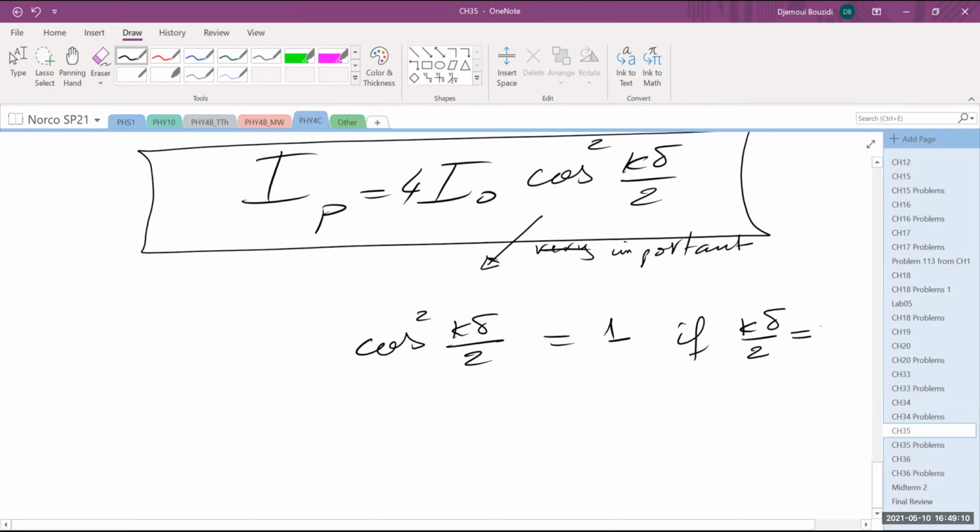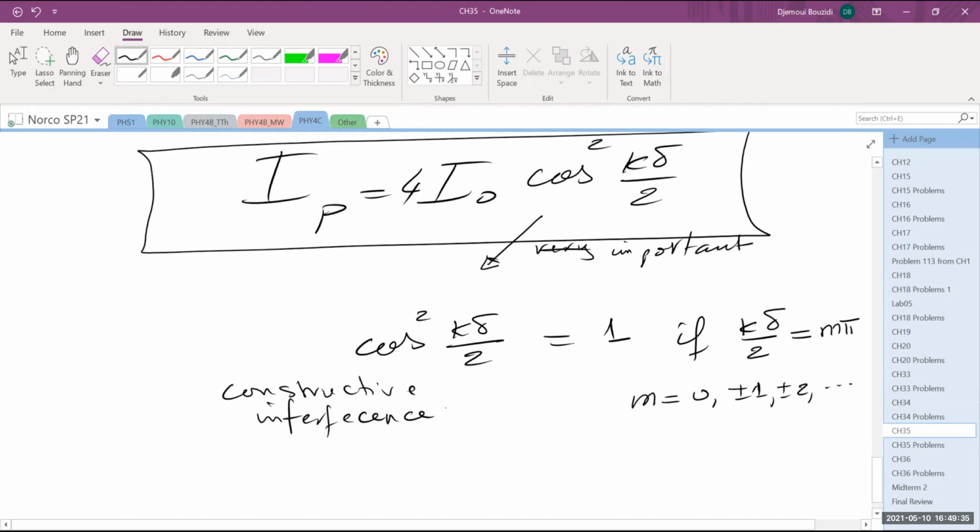So this is a multiple of pi, which I'm going to write as m pi, where m can be any number, positive or negative, 0, 1, -1, 2, -2, whatever you like. So I have constructive interference at that point, meaning P is a bright fringe.